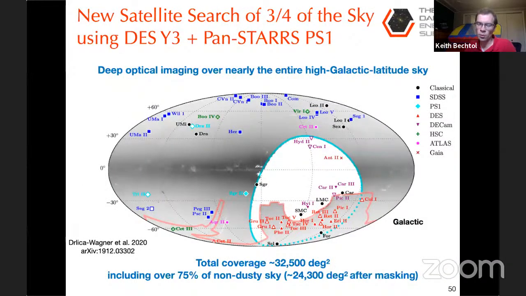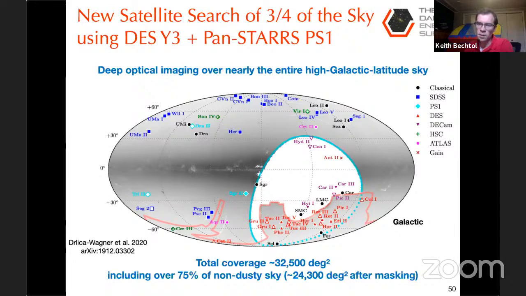With DES and Pan-STARRS, we were able to combine these surveys and do a detailed search for low luminosity satellite galaxies around the Milky Way. We had a total coverage of over 32,000 square degrees in these maps. It's nearly the entire extragalactic sky.